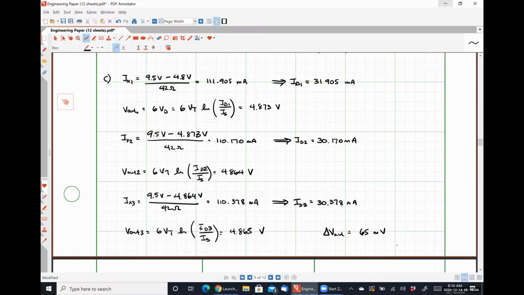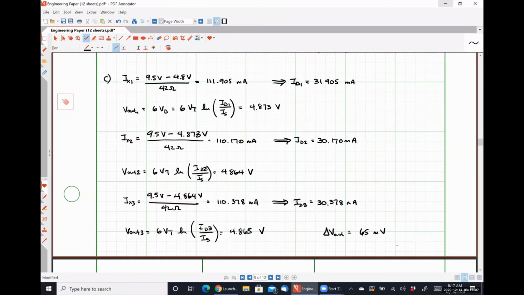Now, what we're going to talk about today is more of this perturbation theory, measuring small changes in an easier way to do it. Because while this isn't particularly difficult, if we had changed, say, we wanted to know what the change was if we had changed our input from 9 to 10 volts, a 1 volt change.